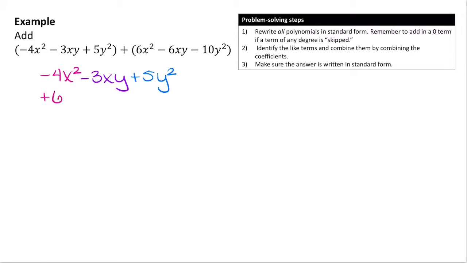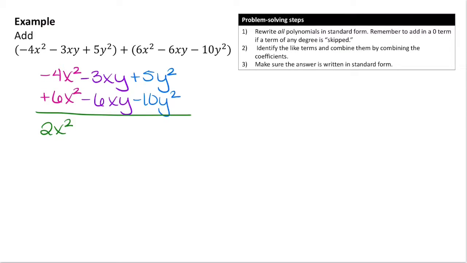So we have plus 6x squared, and then minus 6xy, and then minus 10y squared. Okay, so when we add them together, minus 4 plus 6 gives me 2x squared, minus 3 minus 6 gives me minus 9xy, plus 5 minus 10 gives me minus 5y squared. So that is going to be the simplified expression.